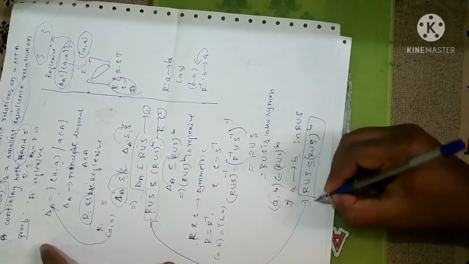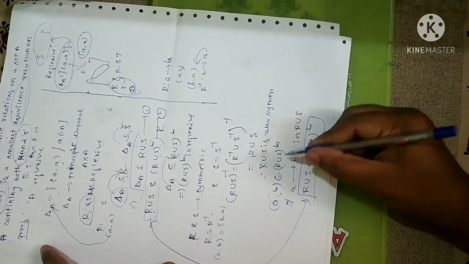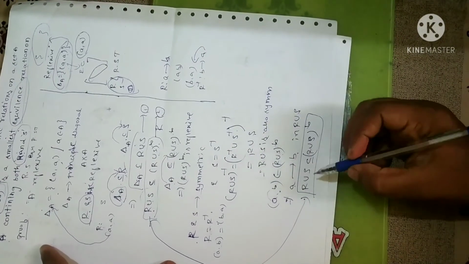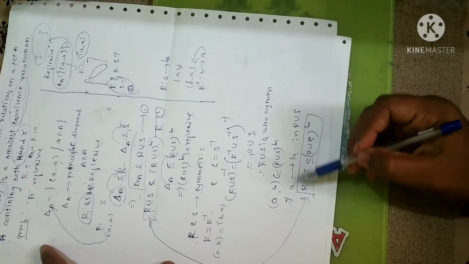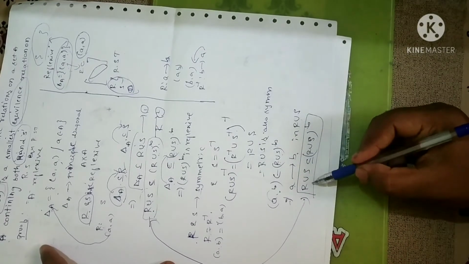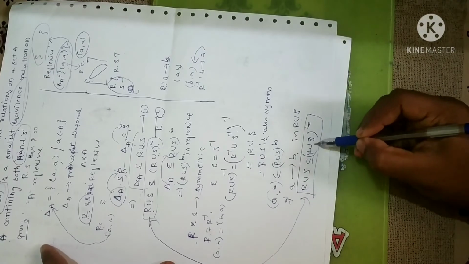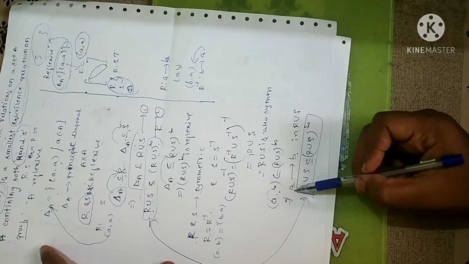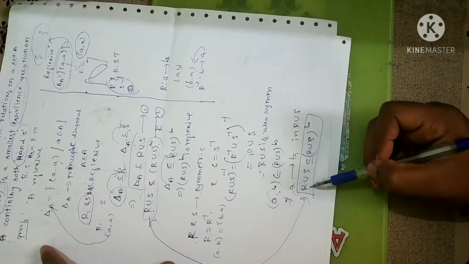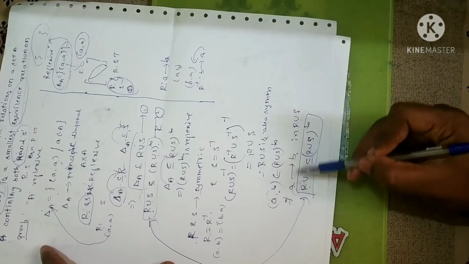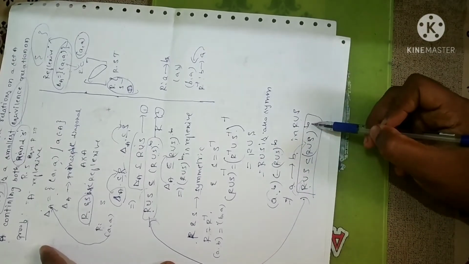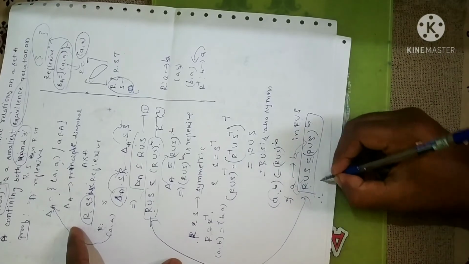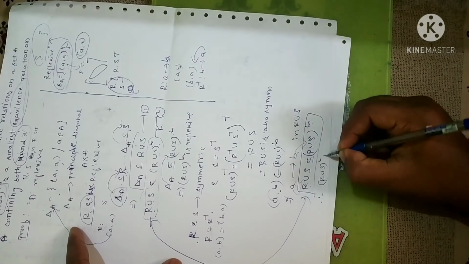Since AB belongs to R union S infinity, there exists a path from A to B in R union S. Moreover, R union S is a subset of R union S infinity. If there exists a path from A to B in R union S, then there should exist a path from B to A in R union S infinity. Thereby I can write R union S infinity is symmetric.